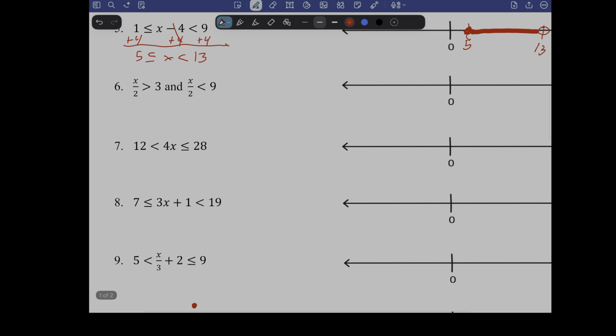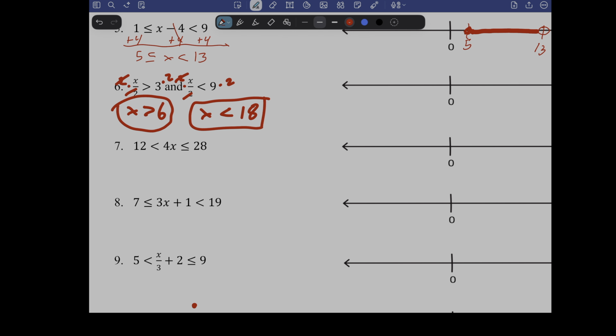Okay, let's work on this next one right here. Okay, so I'm going to multiply each side by 2. Cancel out, x is greater than 6. Done. On the next one, I'm going to multiply each side by 2. And I'm going to get x is less than 18.